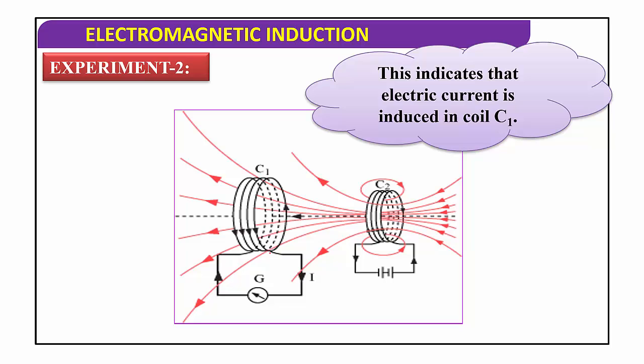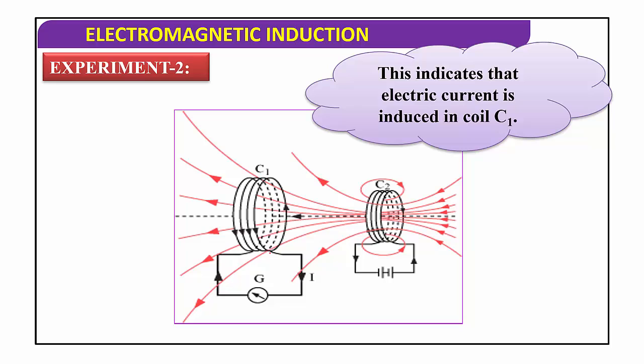Then one more point. Suppose instead of the second coil, I move the first coil towards the second coil, is it possible to produce electric current? Yes, it is possible. Anyhow, the magnetic field with respect to the first coil changes.